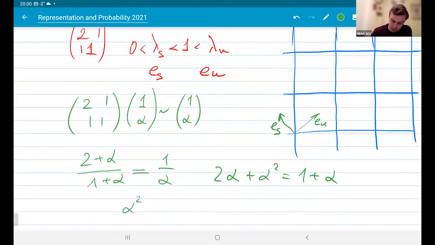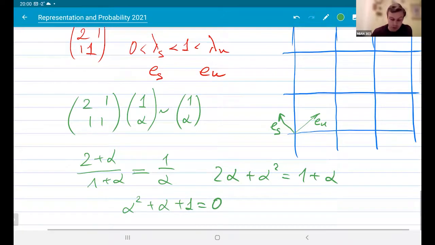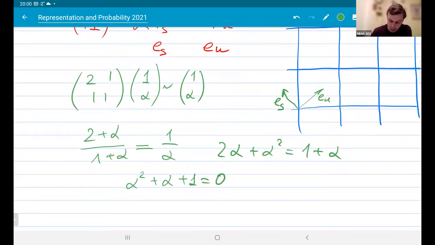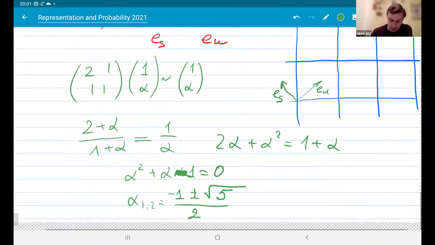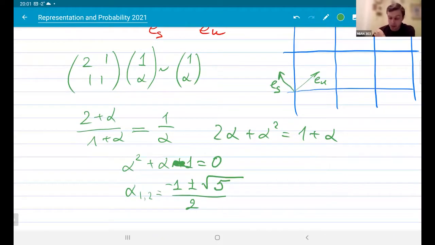So you have this equation of degree 2, and its roots are given by the quadratic formula.